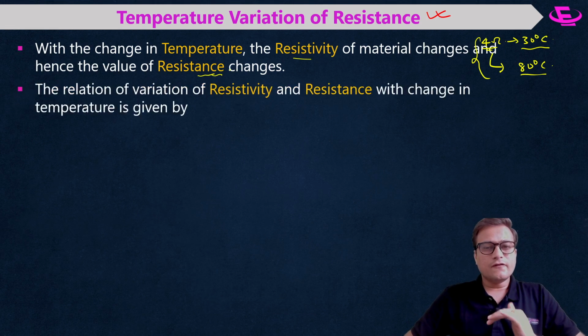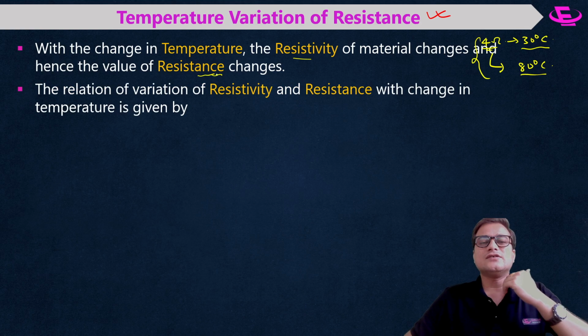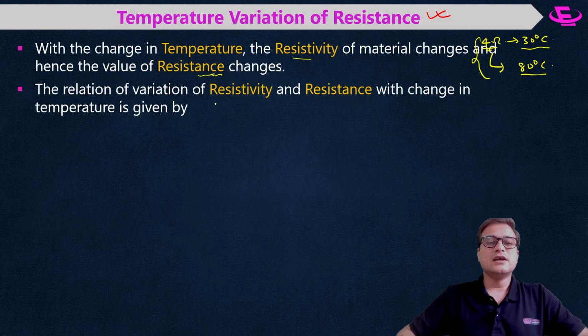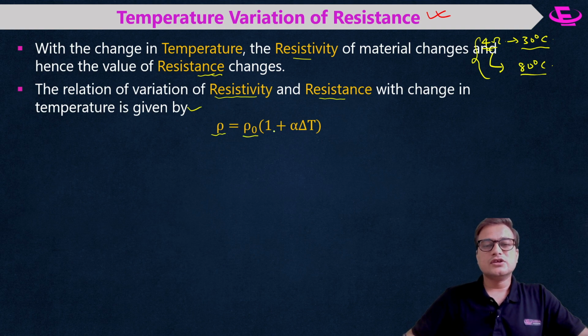Now, if we try to relate the change with a mathematical expression, the variation of resistivity with change in temperature is given by rho equals rho naught into (1 plus alpha delta T). I'll write all the terms, that is what is alpha, delta T, rho and rho naught. You already know about rho.